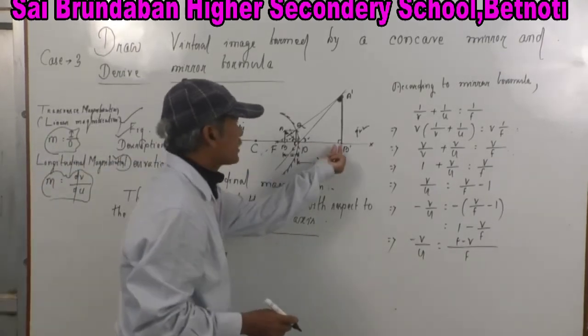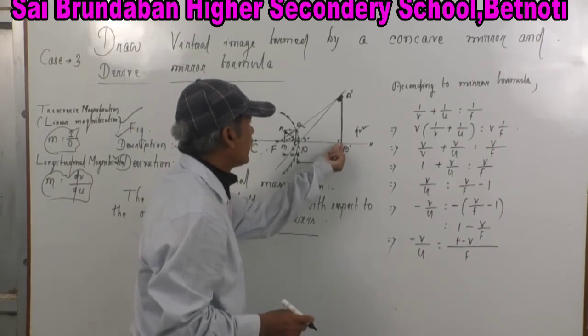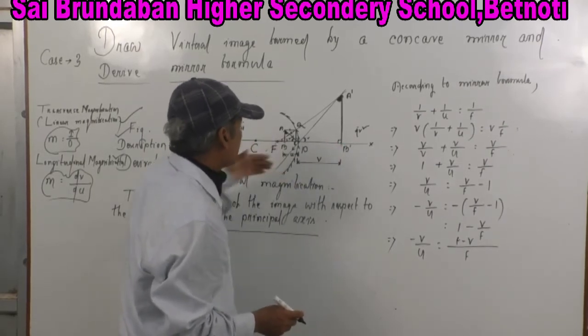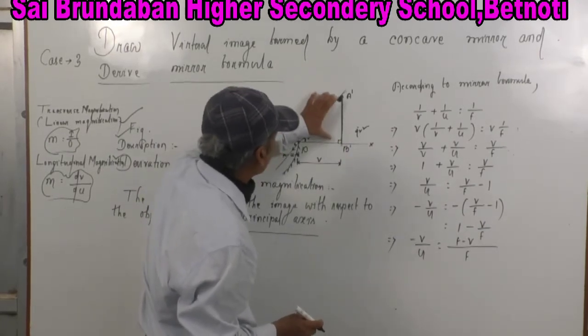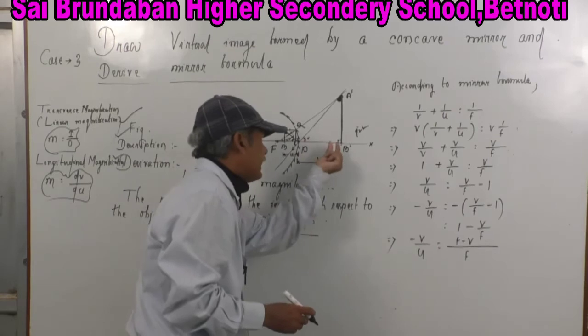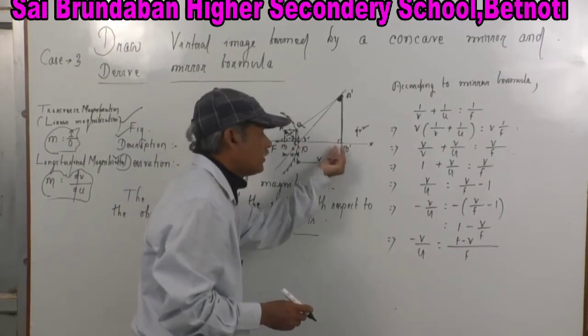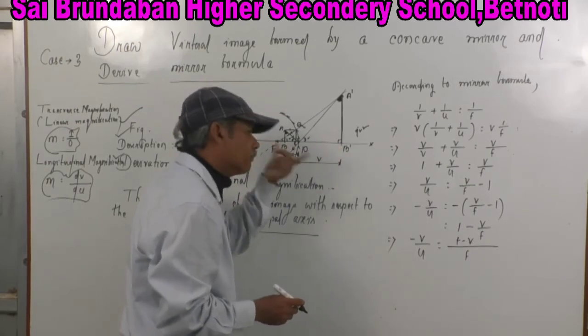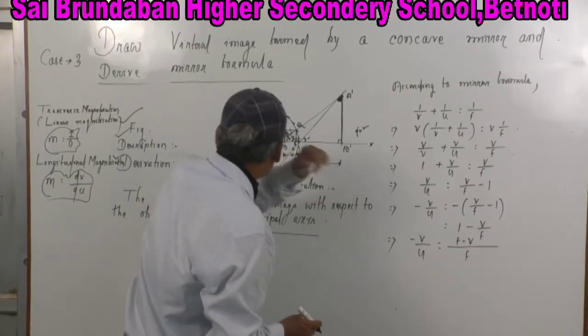And this small length, the width, is measured along the principal axis. We are not measuring it in this way, we are measuring it in this way. No doubt very small, but we are measuring it along the principal axis.